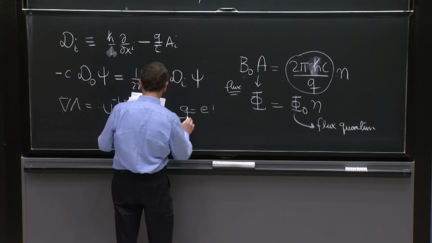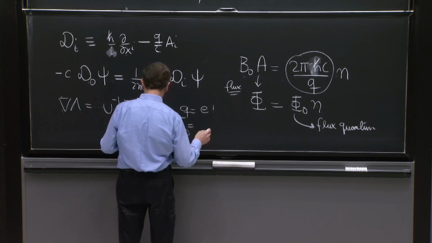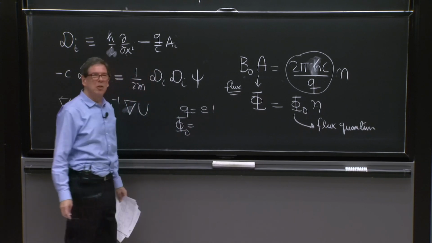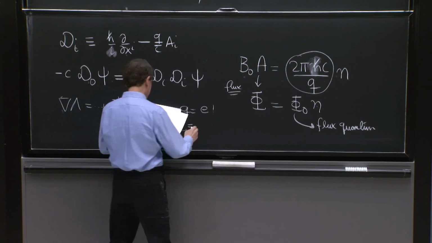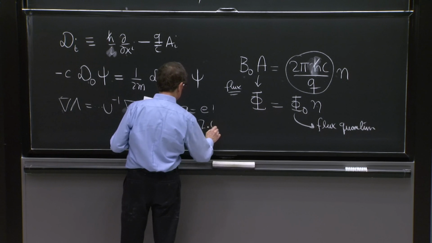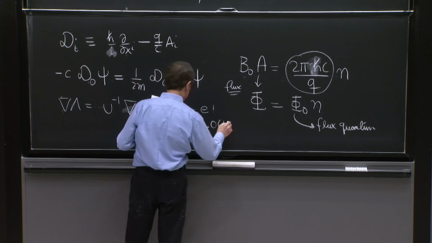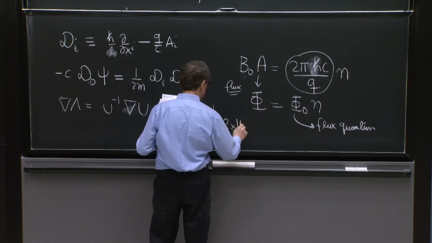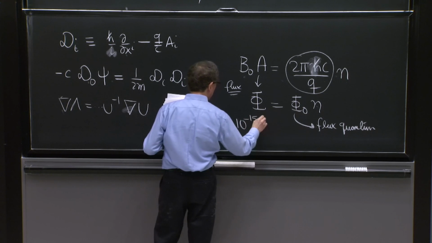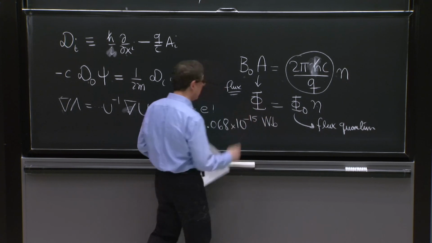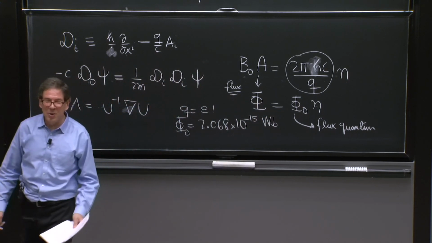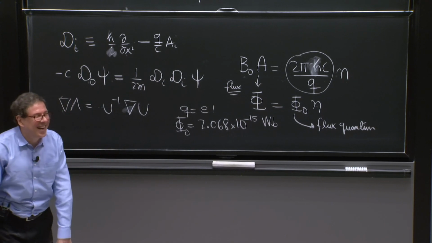These are units that you seldom use, but it's about 2.068 times 10 to the minus 15 Webers. Who knows what the Weber is?